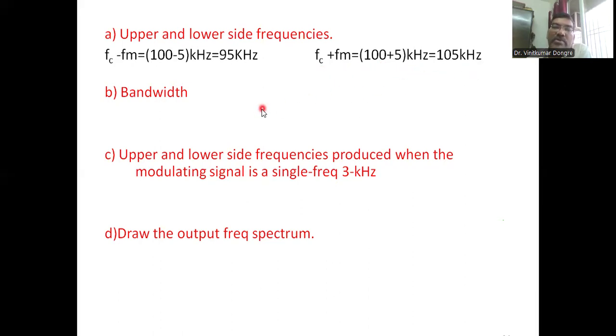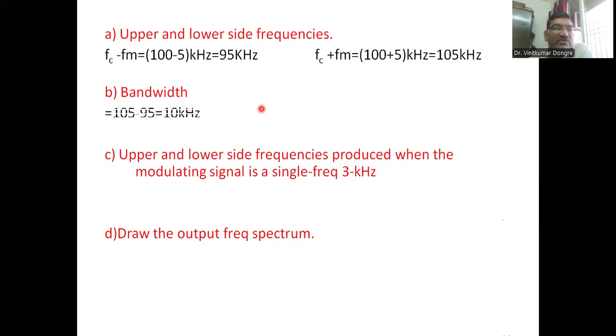Simple. Now bandwidth, can anybody give me the bandwidth? Lower and upper frequencies are given here. How much is the bandwidth? What you will do is upper frequency minus lower frequency.